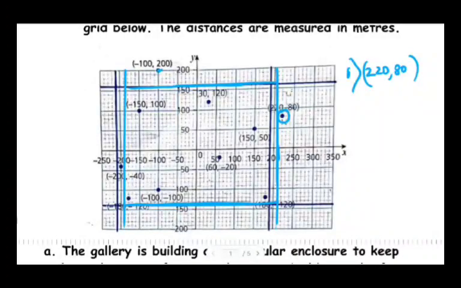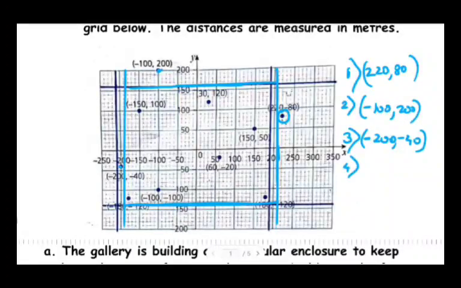Then I have this one, which is minus 100 by 200. What is the next one which is out? I find this one out as well, which is minus 200, minus 40. That's it.